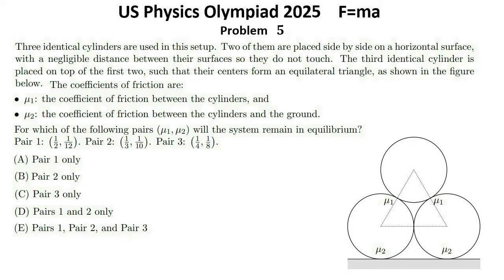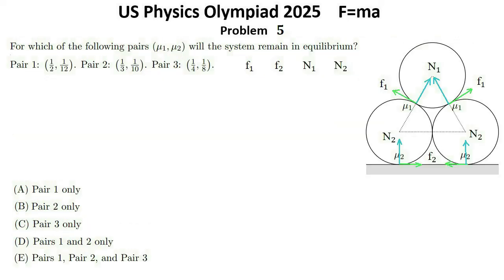Solution for problem number 5. From the force analysis diagrams and symmetry, we get a system of 4 equations in order to balance all forces and torques. There is normal force N1 between cylinders and normal force N2 between cylinders and the ground. There is force of friction F1 between cylinders and force of friction F2 between cylinders and the ground.